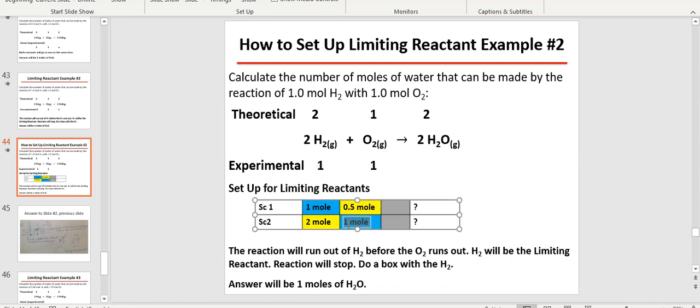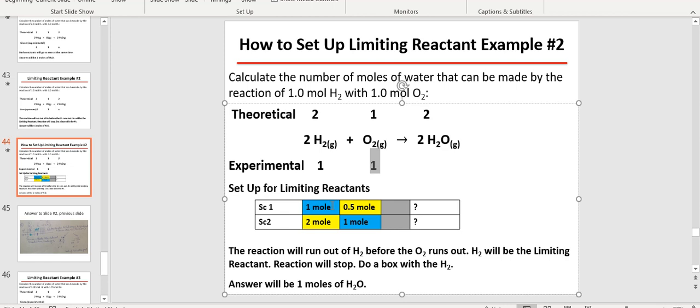And this number goes there. And what we're going to do is we're going to set up a 2 scenario system, and we're going to find out which one is going to go to 0 and which one is not going to go to 0. And how we're going to do that is we're going to find out which one is a false statement.